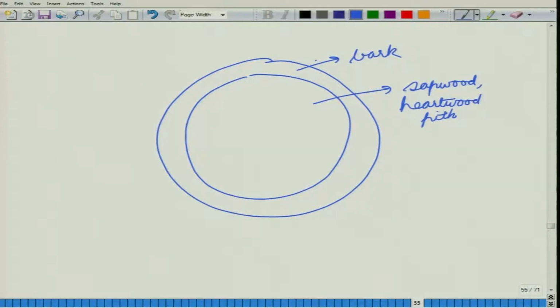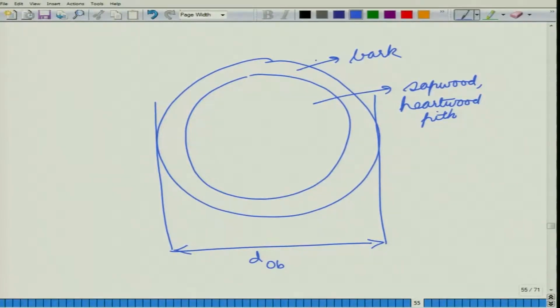If you wanted to measure the diameter of your logs, you could be measuring 2 diameters. One is your diameter over bark. Diameter over bark is this complete diameter from one end to the other. You could also be measuring the diameter under bark.